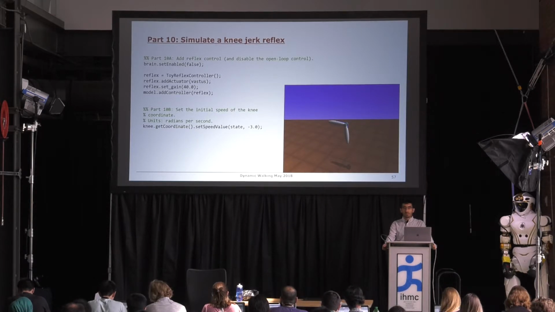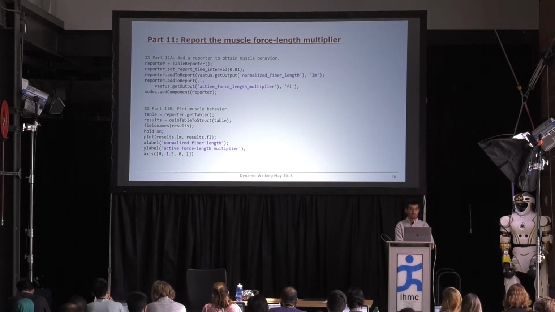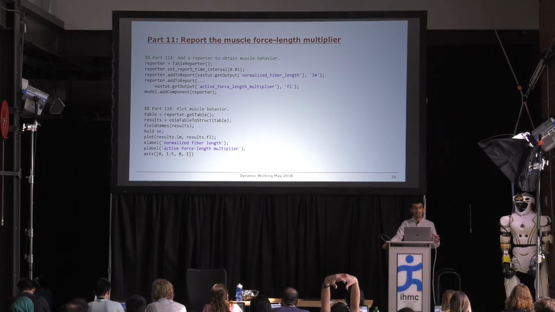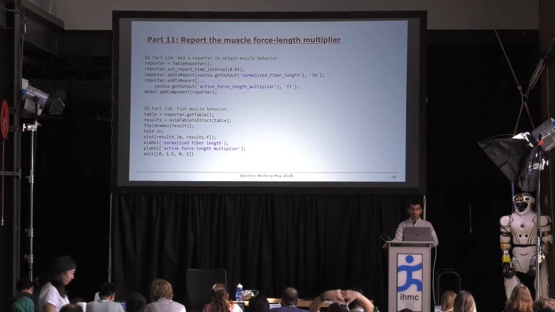Okay, so now we've been able to simulate a knee-jerk reflex, but we want to understand this motion a little bit more, understand what's happening with the muscle behavior. So to do that, we're going to plot some quantities from our simulation in Matlab. So part 11, we're going to add a reporter to our model, and a reporter lets us extract quantities of interest from our simulation. Most OpenSim components have what we call outputs, so quantities that you can get out from your simulation.